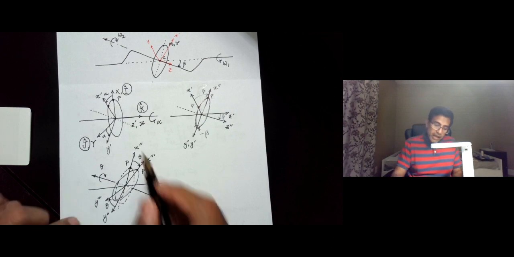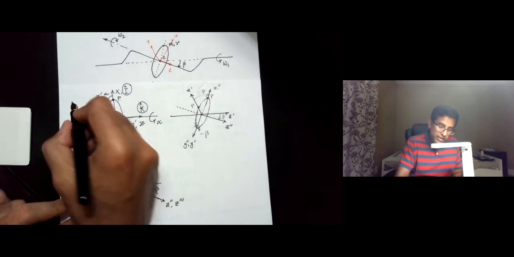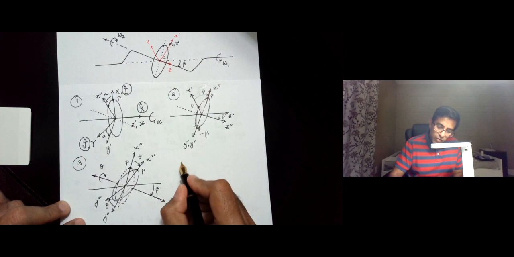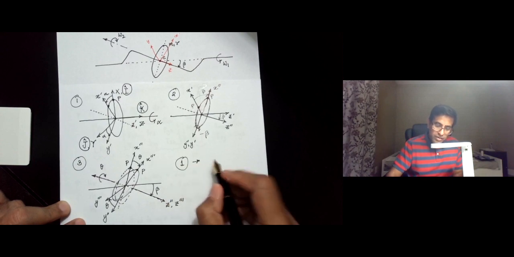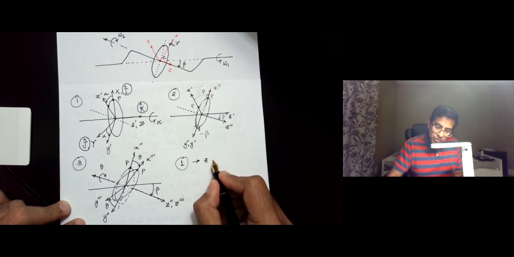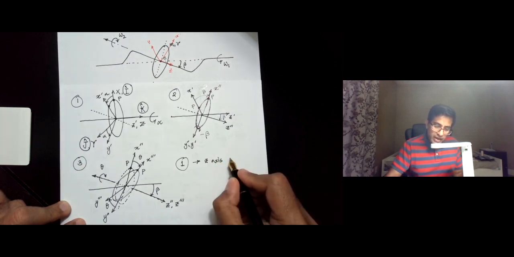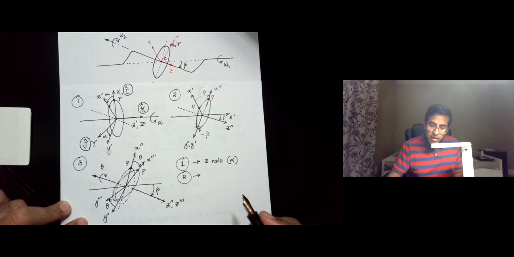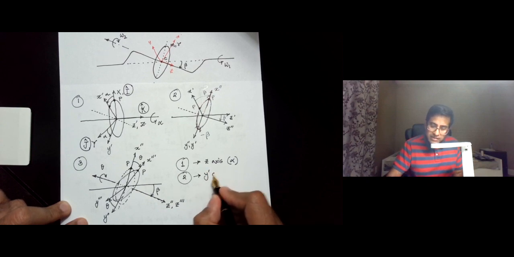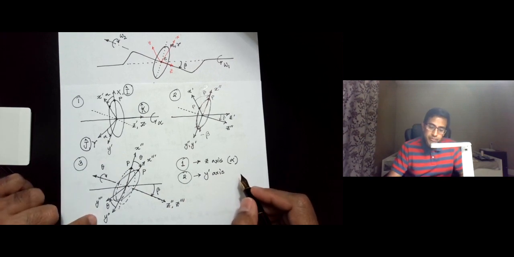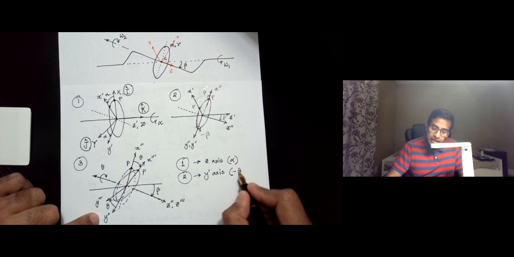Okay, and so if I call this 1, this 2, and this 3, then 1 is a rotation about the z-axis, by an angle alpha. 2 is about the y prime axis, which is the new body fixed y-axis of the disk, and it is by an angle negative beta.